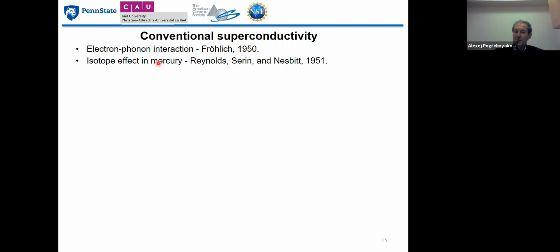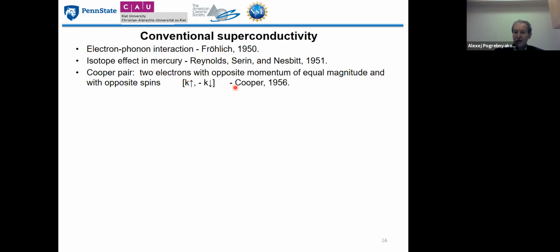So when adding atoms of the same chemical element, mercury, but with different atomic weights, this would change the critical temperature of the mercury, which meant that somehow the ion lattice is involved in the superconductivity phenomenon.